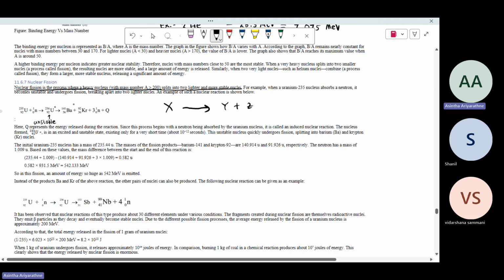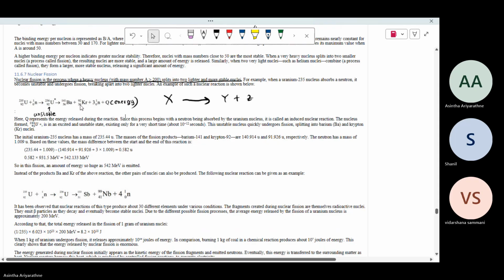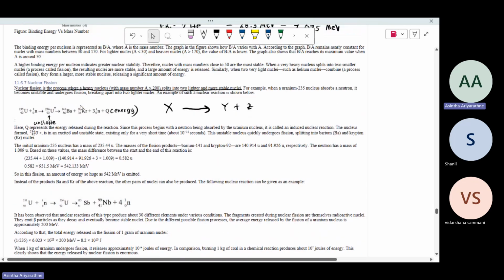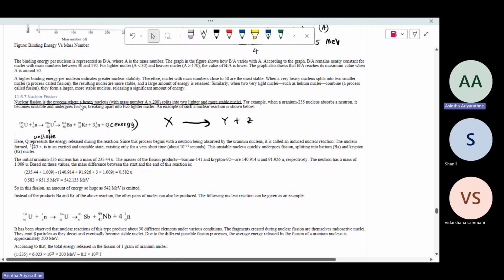This unstable nucleus breaks into two different nuclei, barium and krypton, and in addition three neutrons are emitted, plus Q, which represents energy. So the excited, unstable uranium nucleus is broken into two more stable nuclei, barium and krypton. Those types of nuclear reactions are called nuclear fission reactions.